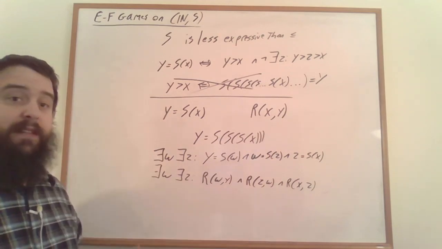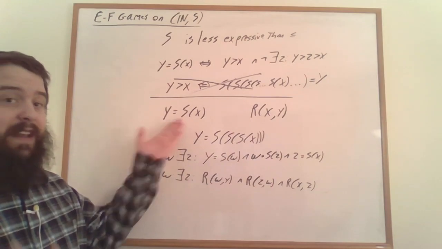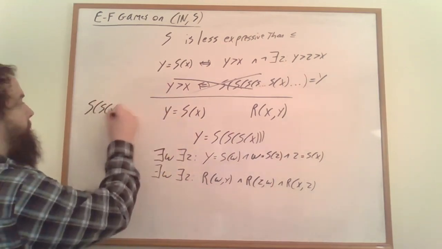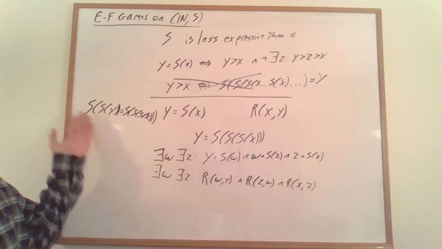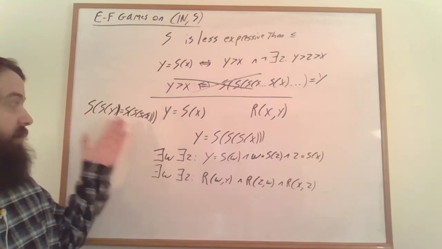We need to be a little bit careful because atomic formulas in the language of the successor can actually look like the successor of the successor of y is equal to the successor of the successor of the successor of x.